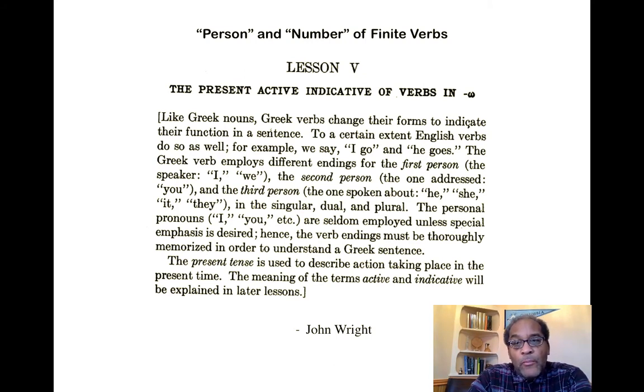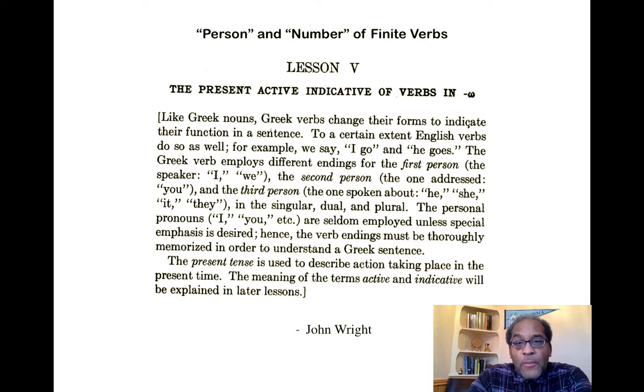Wright writes, like Greek nouns, Greek verbs change their forms to indicate their function in a sentence. To a certain extent, English verbs do so as well. For example, we say, I go, but he goes.